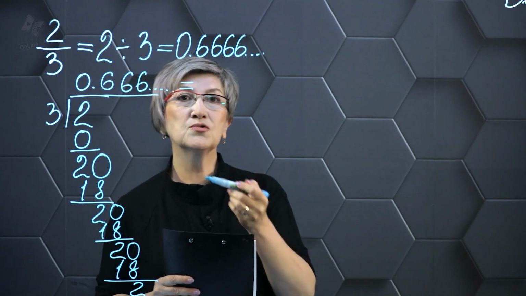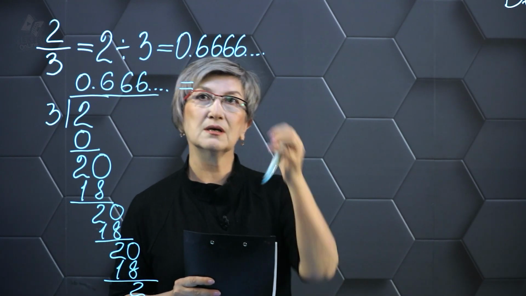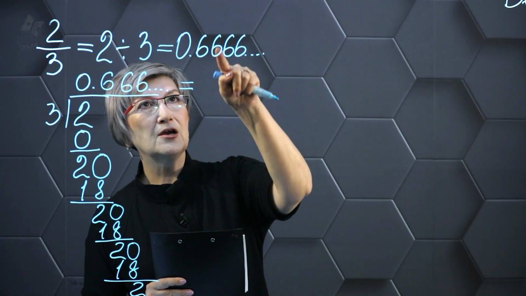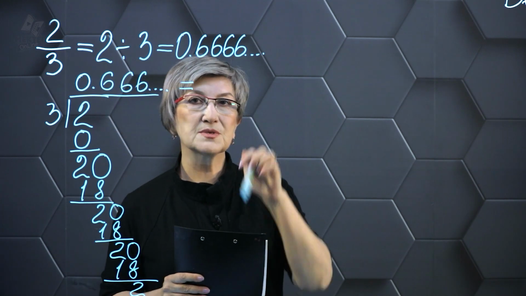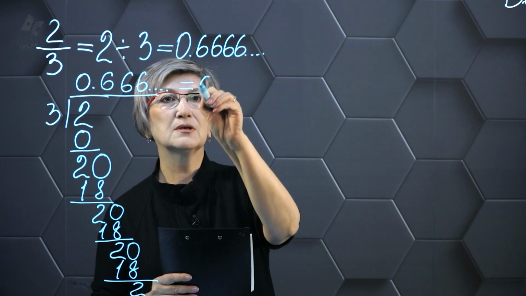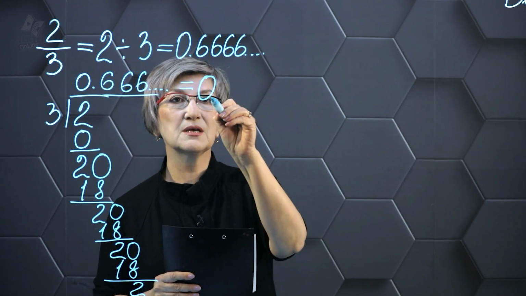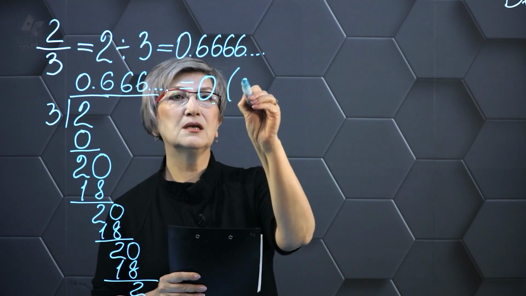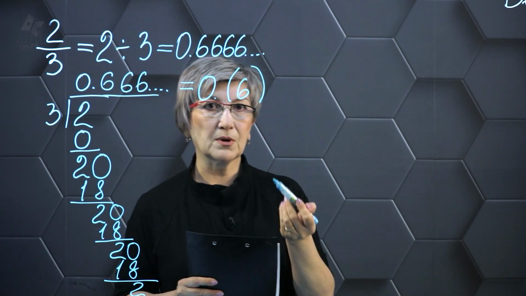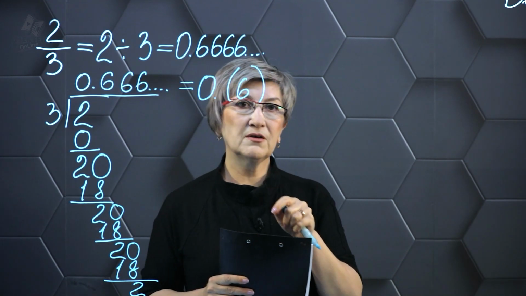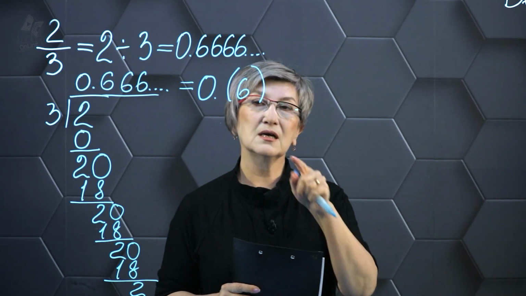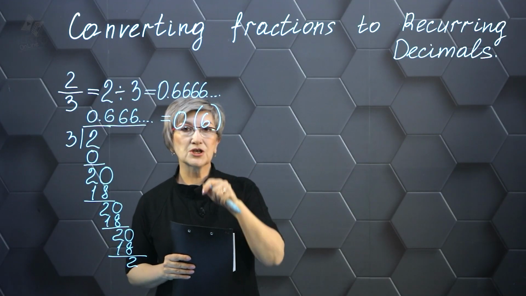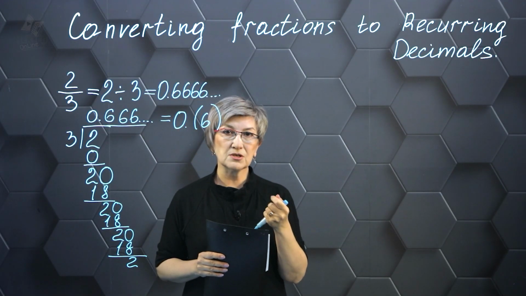And then this fraction can be written in a different form. We will write the repeating digit as a period. And in math we write 0 whole and 6 in parentheses. Thus we say that the number 6 repeats, or the number 6 is in a period.